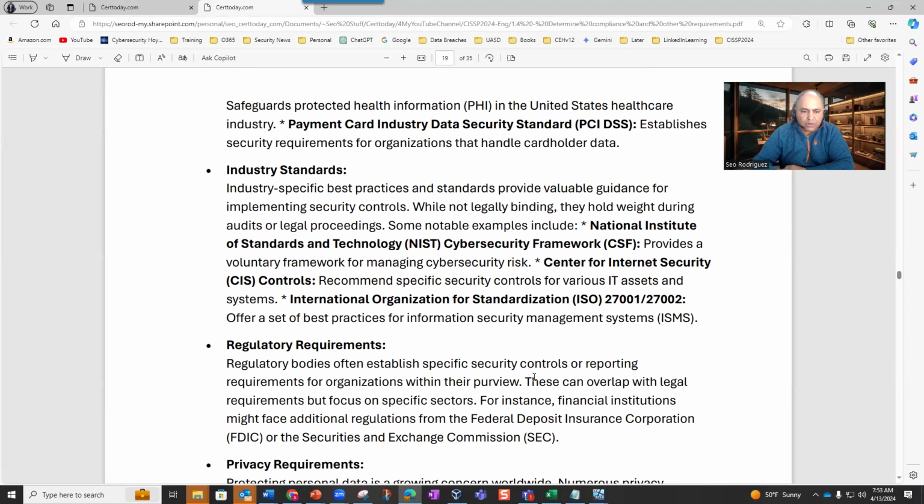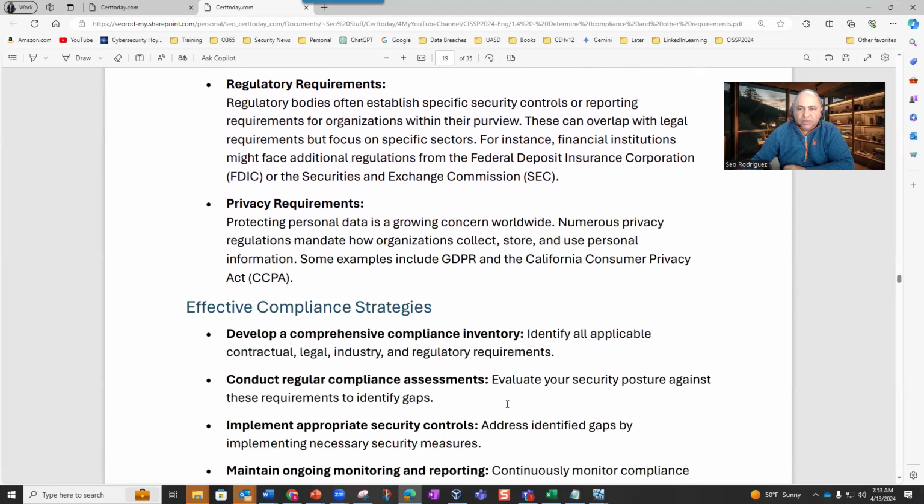As for regulatory requirements, regulatory bodies often establish specific security controls or reporting requirements for organizations within their purview. This can overlap with legal requirements, but focuses on specific sectors.